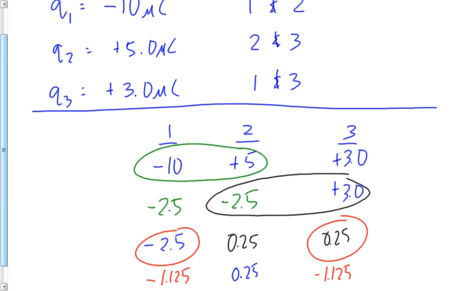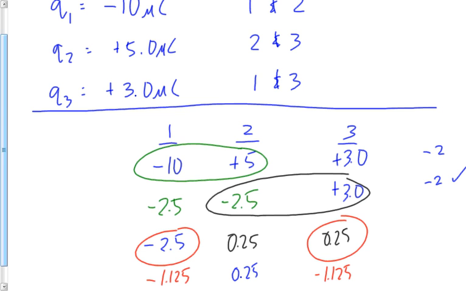Well, let's do a little check here. The law of conservation of charge says the total charge throughout this whole thing has to stay the same. They can move around, but the total charge has to stay the same. So add them up. Minus 10 plus 5 plus 3 gives me minus 2. Minus 2.5 plus 3 gives me minus 2... So far, so good.